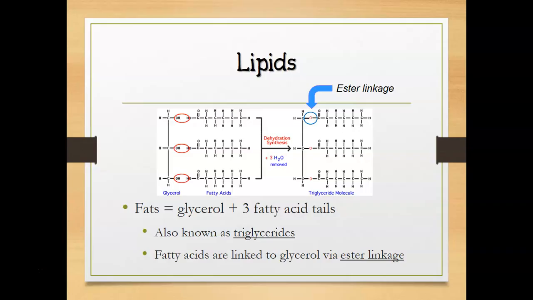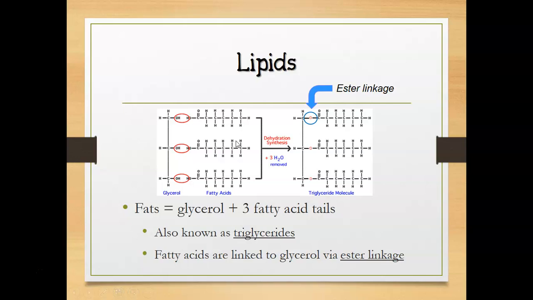So let's talk fats and oils first and talk a little bit about structure. These are a glycerol plus 3 fatty acid molecules, also known as a triglyceride. If you've ever heard anybody talk about triglyceride levels because of health issues, this is what their doctors are concerned about. How many triglycerides or how many fats and oils are they taking in a given day.